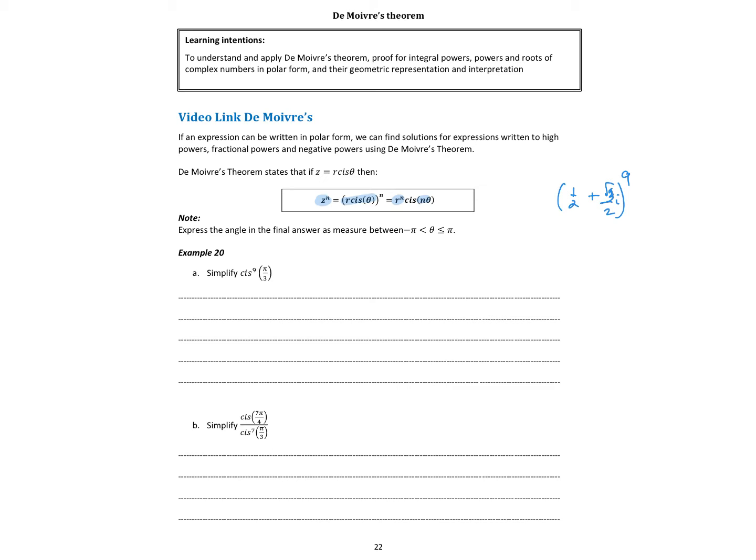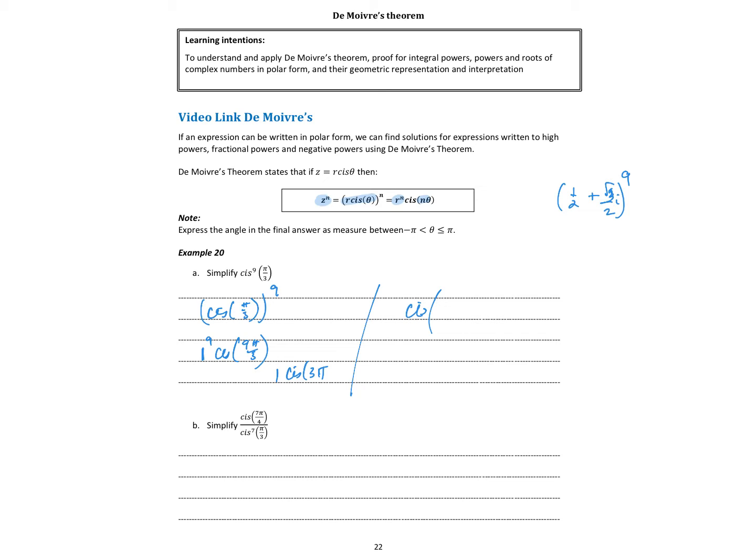In polar form, cis pi on 3 to the power of 9 is cis pi on 3 all to the power of 9, which means it's just 1, the magnitude to the power of 9, times cis 9 pi on 3, because 9 times pi on 3 is 9 pi on 3, which is 1 cis 3 pi.